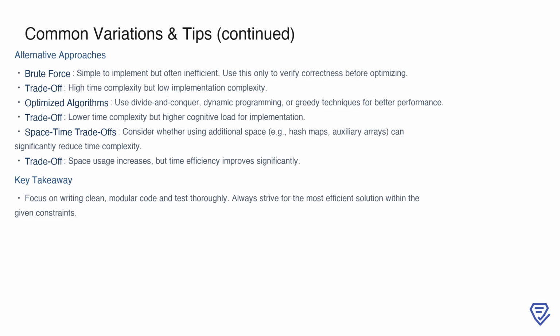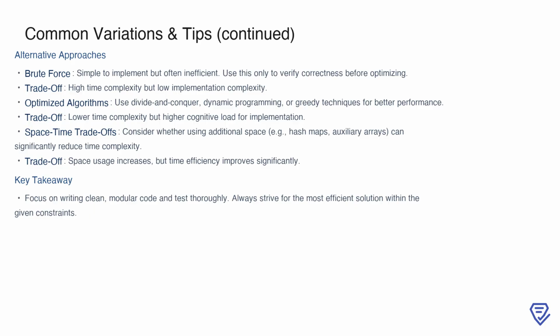When approaching a problem, you might start with a brute force solution. This approach is simple to implement and can help you verify correctness, but it's usually inefficient for larger inputs. The trade-off here is that while brute force has high time complexity, it's easier to write. On the other hand, optimized algorithms, such as those using divide and conquer, dynamic programming, or greedy techniques, provide better performance. However, these approaches require a deeper understanding and can be more challenging to implement.